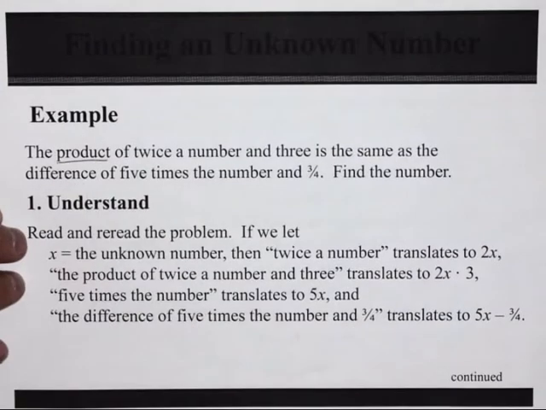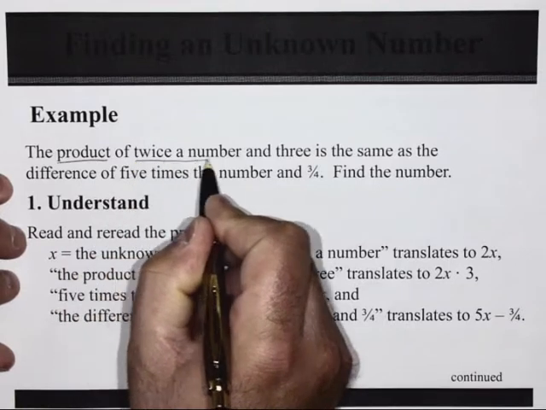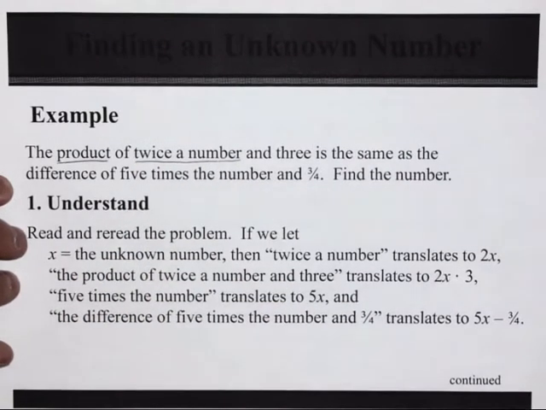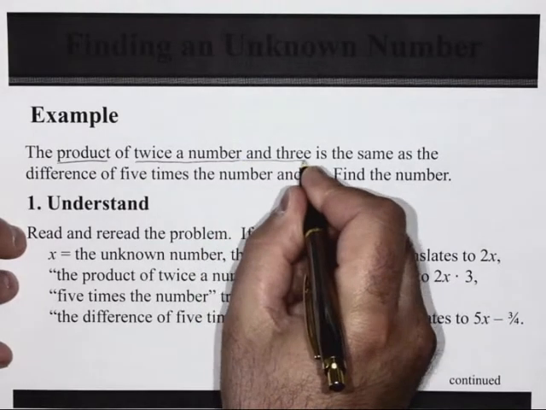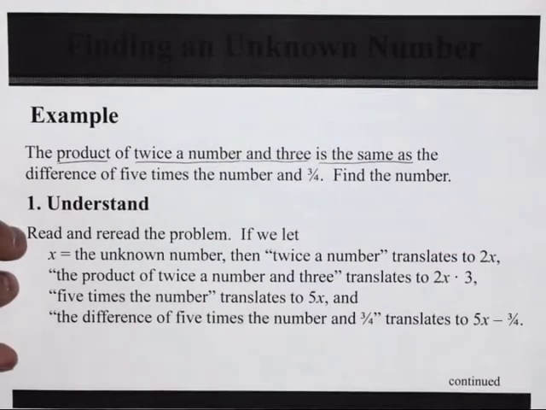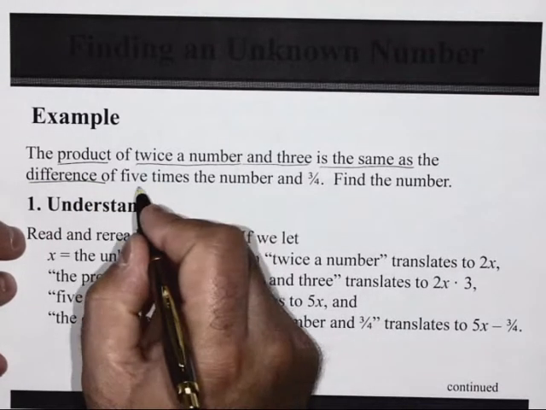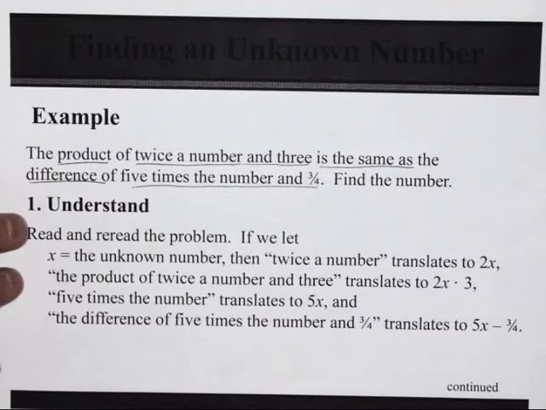Product, that's a key word that means multiply. Twice means multiply by 2. A number is the variable x. And 3 is the same as, that's equals, the difference, subtraction, 5 times the number and 3/4.